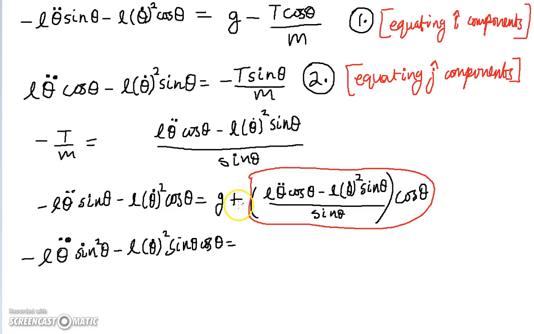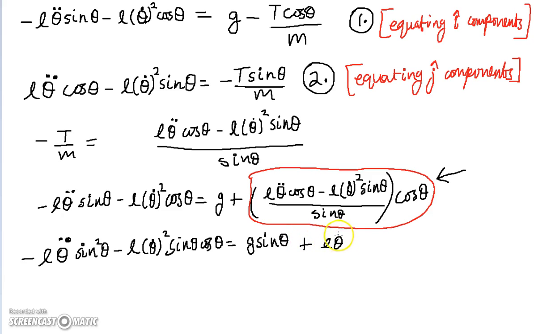Multiplying both sides by sine theta, we get a g sine theta here, and over here the sine theta just cancels, and we're left with cosine theta into (L theta double dot cosine theta minus L theta dot squared sine theta). Let's expand that out as well.